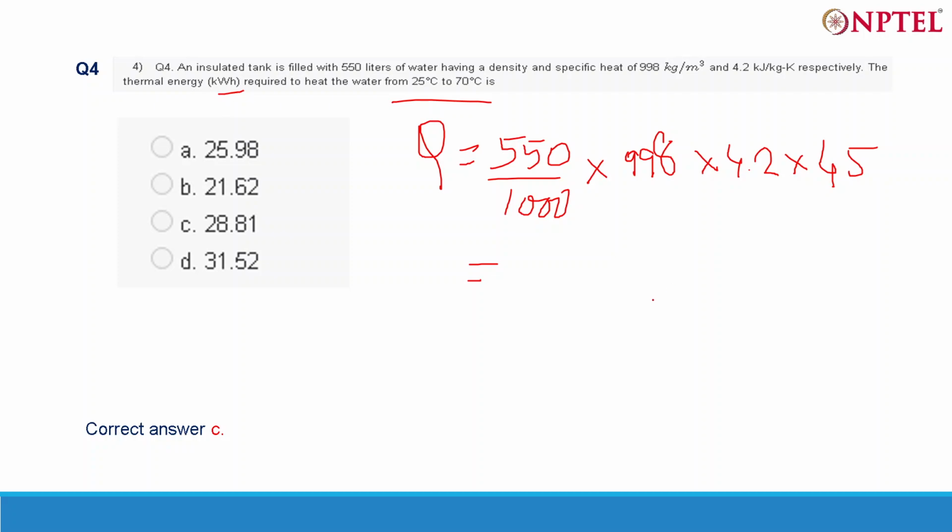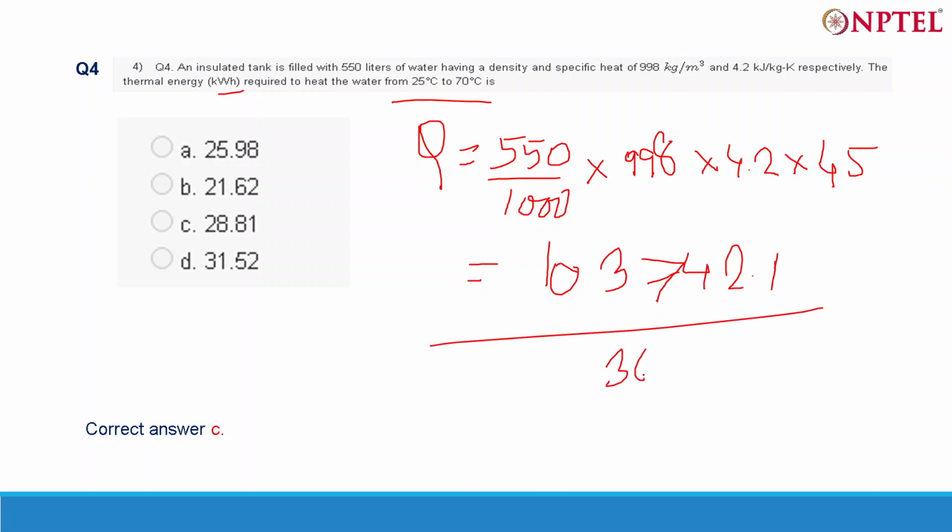So just do it: 550 into 998 into 4.2 into 45. That comes out to be 103,742.1. Then to convert into kilowatt hour, you just have to divide it by 3600.